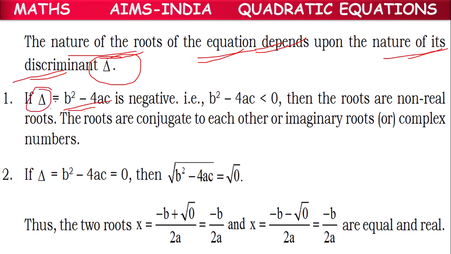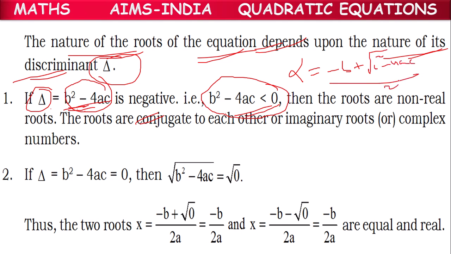If the discriminant value is negative, meaning b square minus 4ac is less than 0, then take the alpha value: minus b plus root of b square minus 4ac by 2a, where the discriminant is negative, suppose minus 1, by 2a.